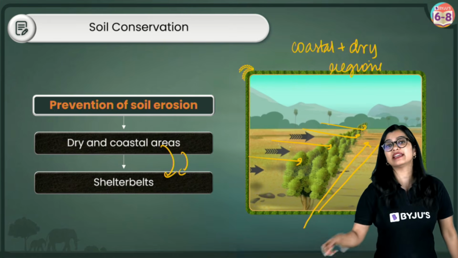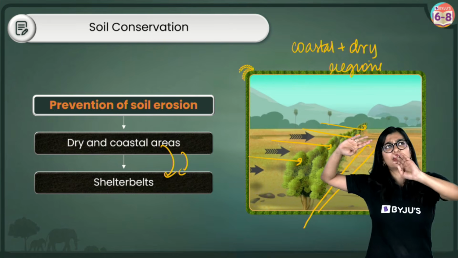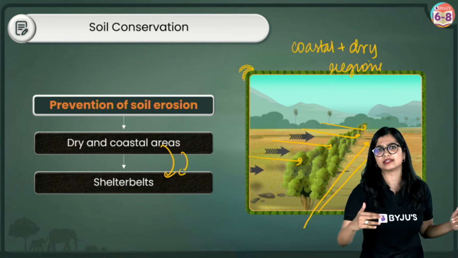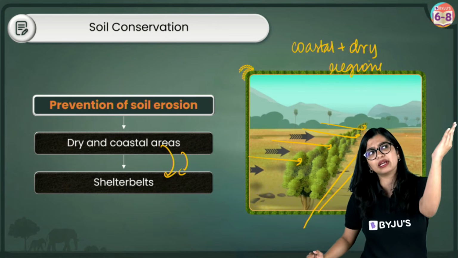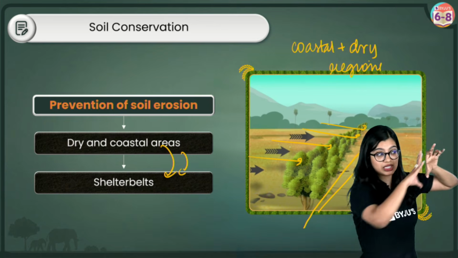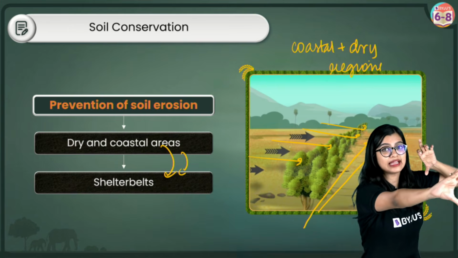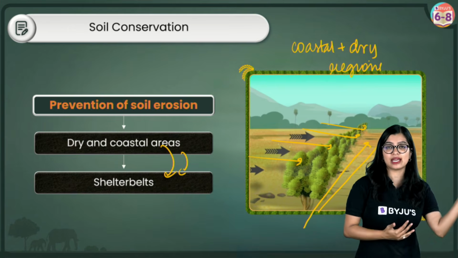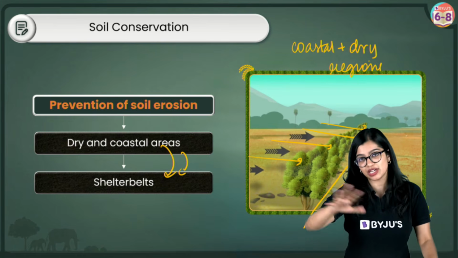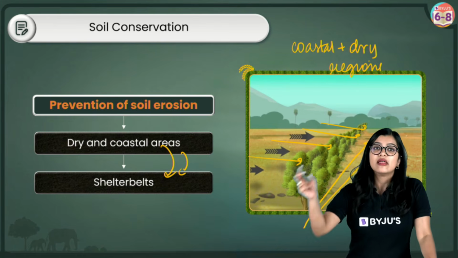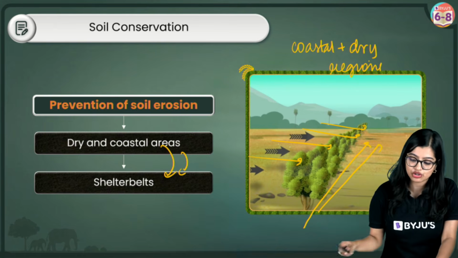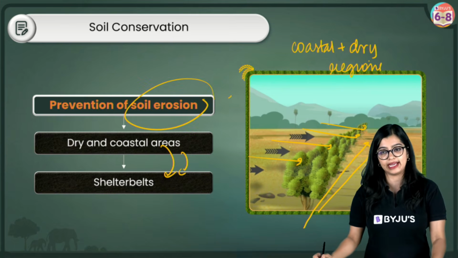You would have normally seen in coastal regions one whole stretch of tall trees. Normally in Kerala you would have seen especially coconut trees, continuously there. They act as shelter belts that block the flow of wind, especially if agriculture is being practiced, thereby making sure that soil erosion does not take place.